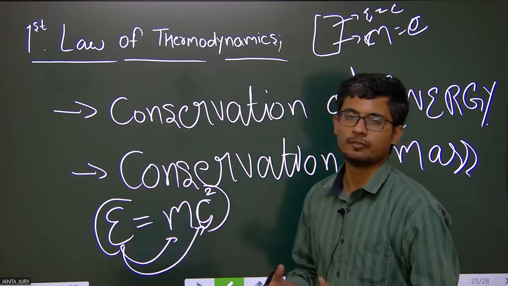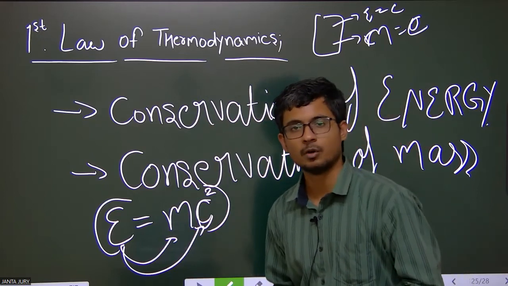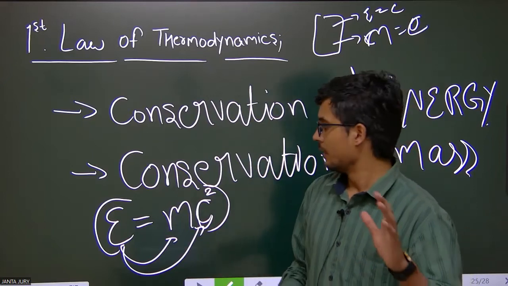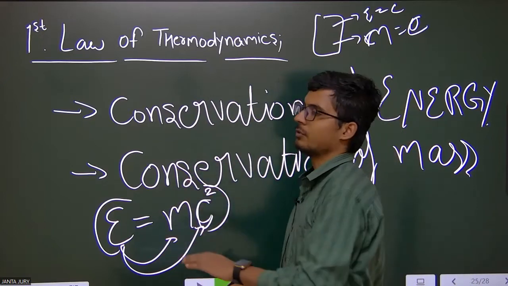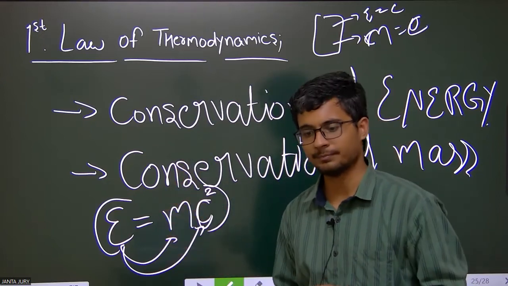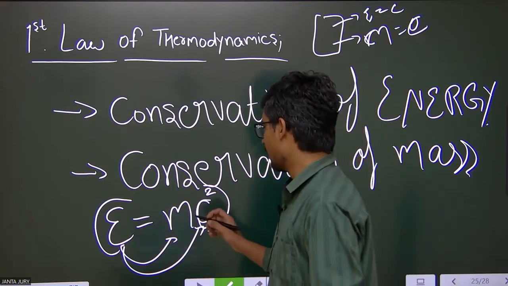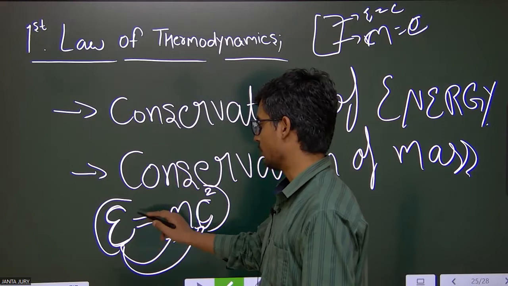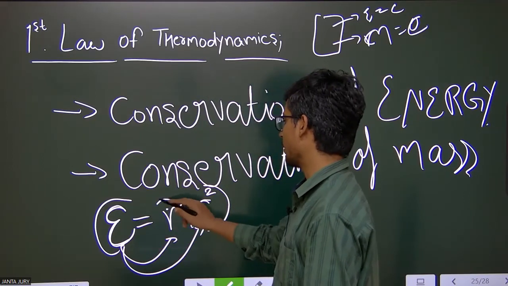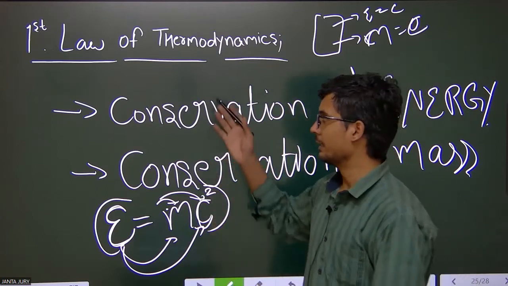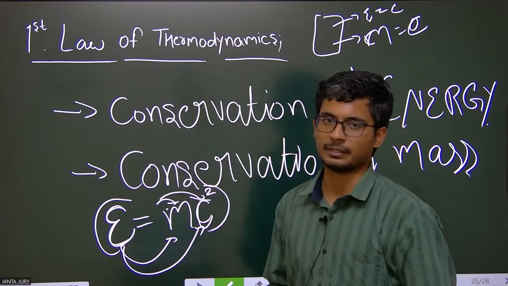The mass of the universe is constant. It will not get created, nor get destroyed in any condition. Similarly, the energy of the universe is constant. It will change its form, either into mass or velocity or any other form, but cannot be destroyed. This is the very first law of thermodynamics.